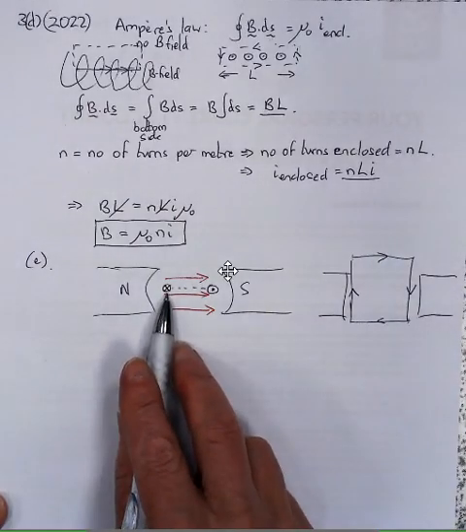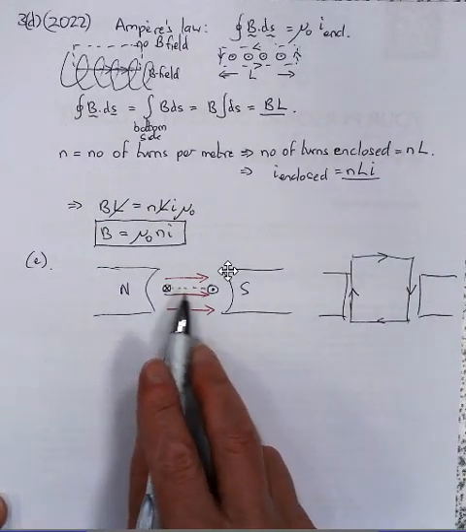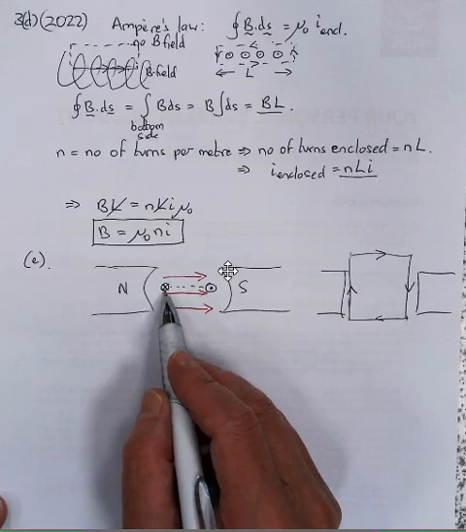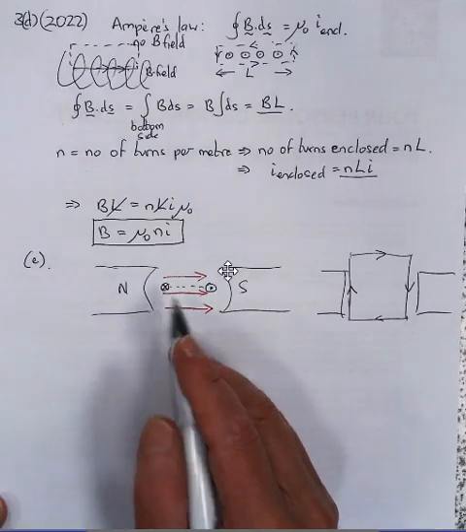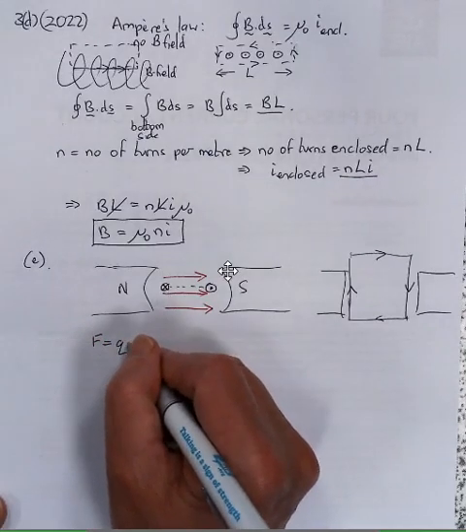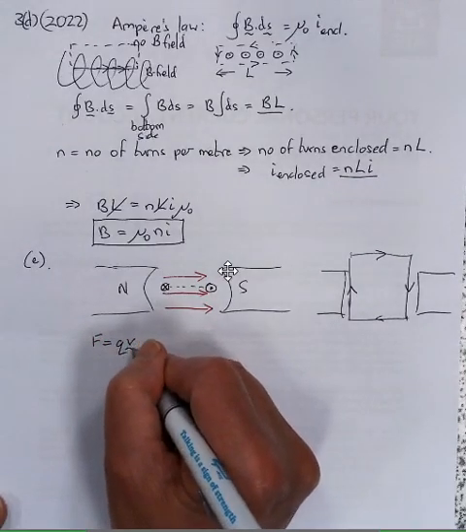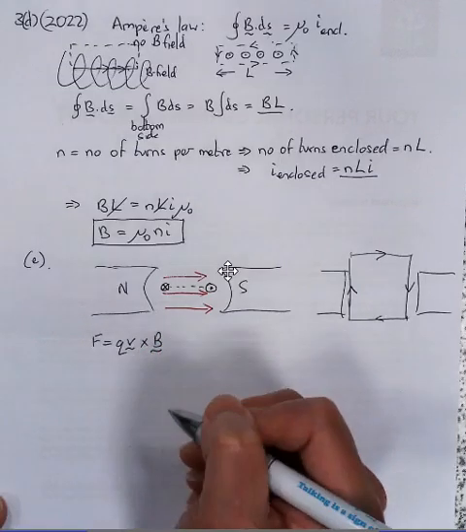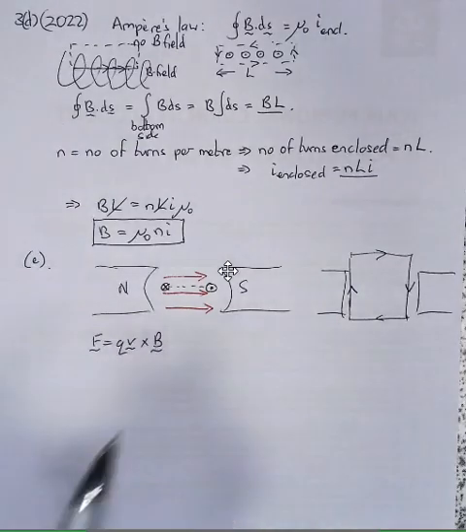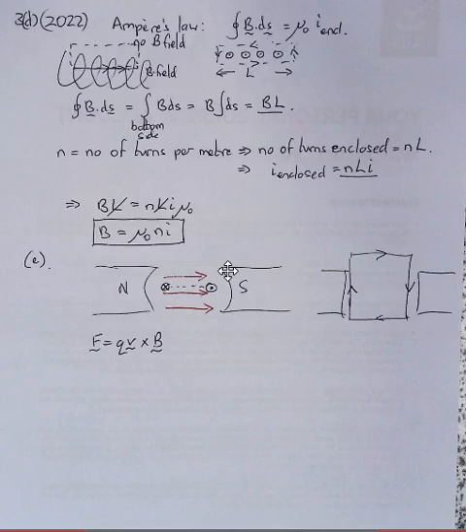So what can we say about the forces acting on either arm of this coil? Well, the force on a charge is F equals Q... Oh no, sorry, we can use a different equation. Apologies, I'll just check my notes here.